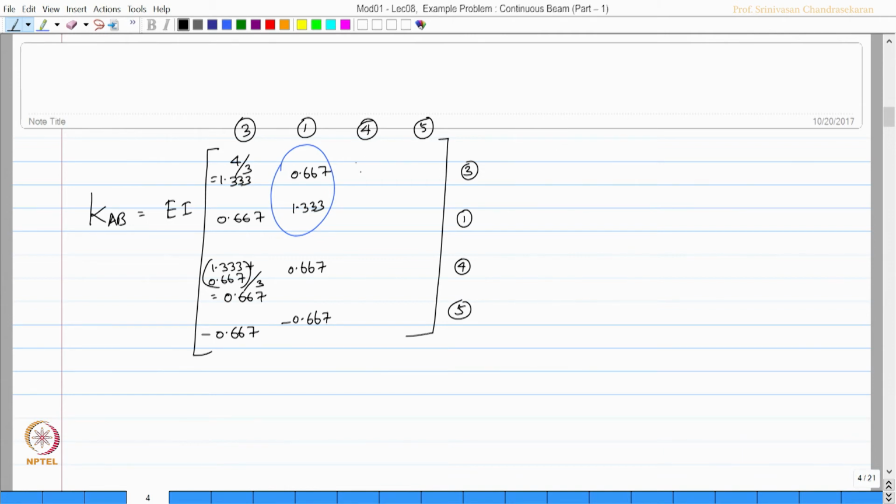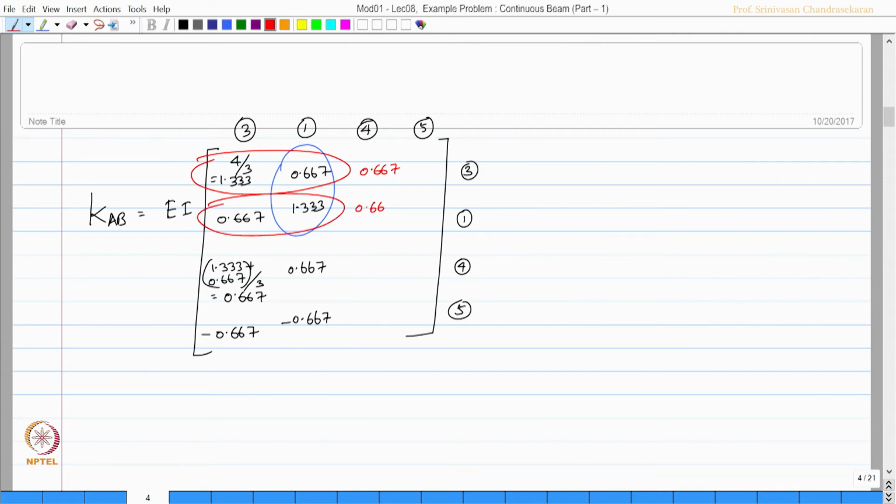As far as this value is concerned, this will be the addition of these two by L again, which is again going to be 0.667. Similarly, this value will be the addition of these two by L again.